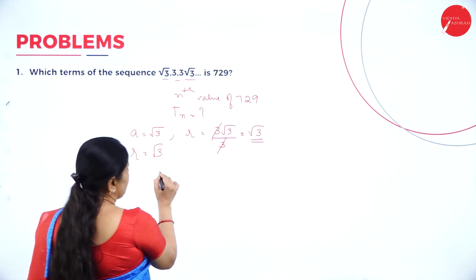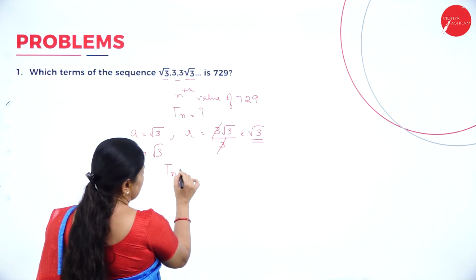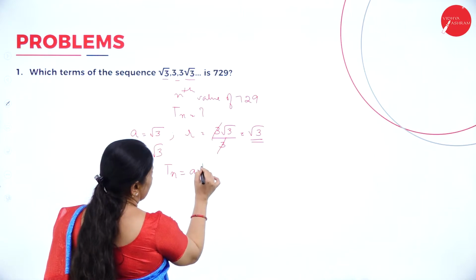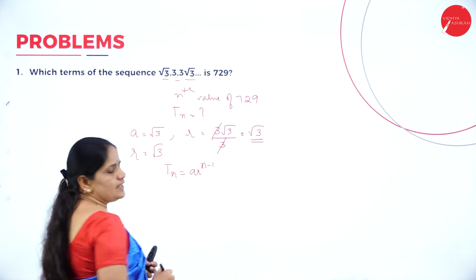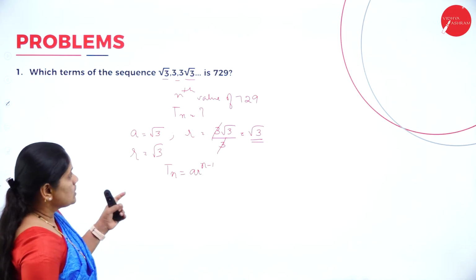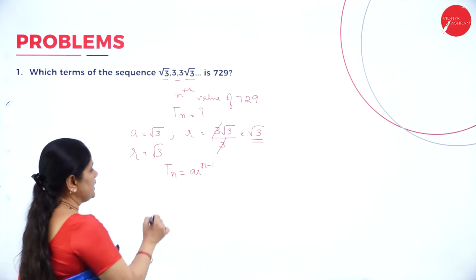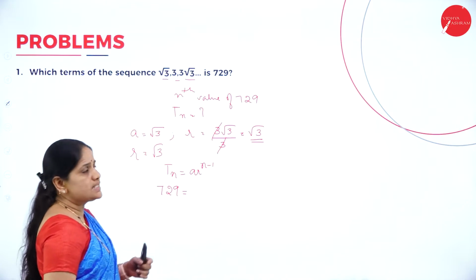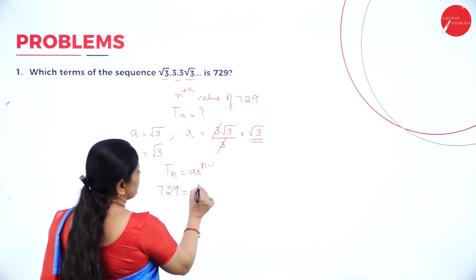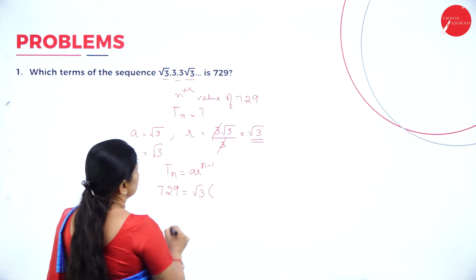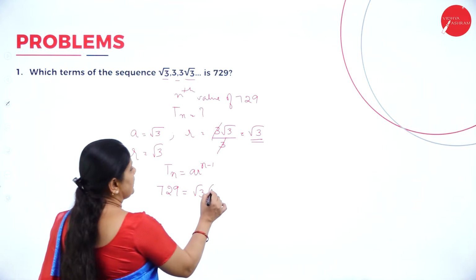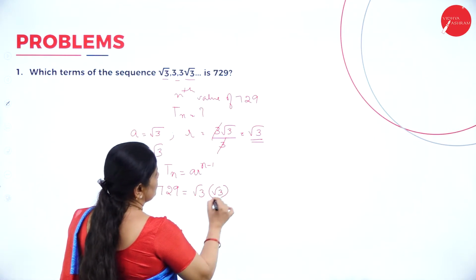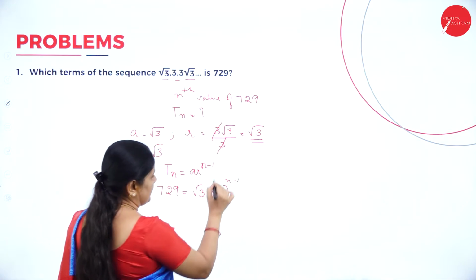So we know Tn equals AR to the power of n minus 1. So what is the value of Tn? 729 equals A, so root 3, into R, that is again root 3, to the power of n minus 1.